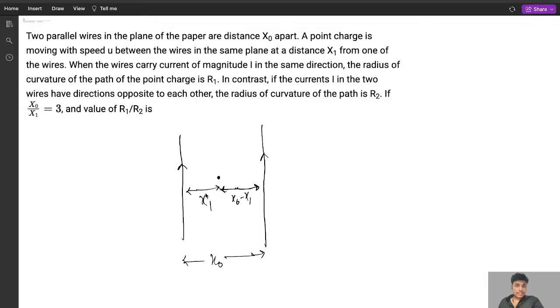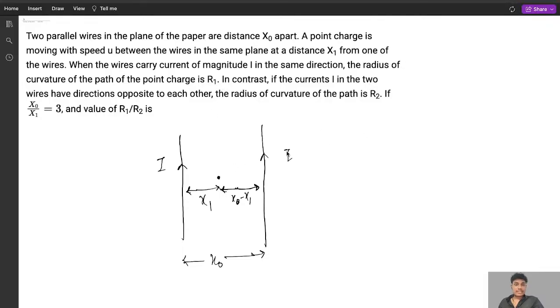ठीक है, तो x1 और x0 माइनस x1 हो गया, इससे करंट जा रहा है. ओके, फ्रॉम वन ऑफ द वायर व्हेन द वायर कैरी करंट ऑफ मैग्नीट्यूड I in the same direction, that is both are I, a radius of curvature of the path of the point charge is r1.